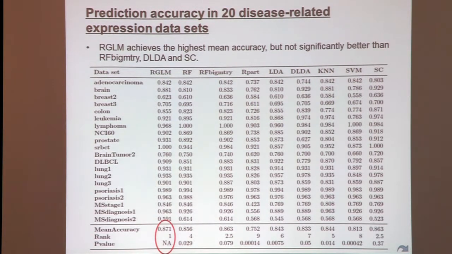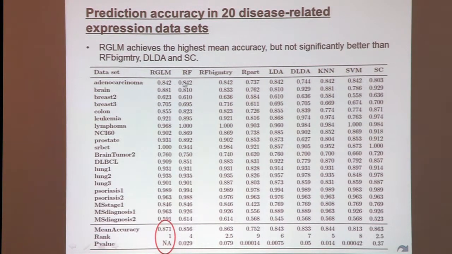And when we applied these different prediction methods that I mentioned earlier, we can, of course, report accuracies. So what do we learn? Let's look at one particular data set, adenocarcinoma. Here, the random GLM has an accuracy of 84%, and these are the accuracies of alternative methods.